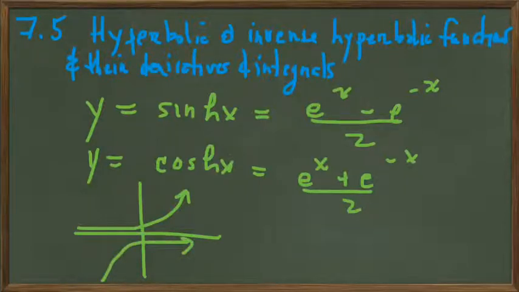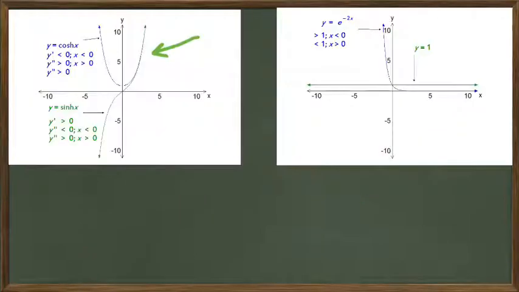And so if you add these two functions together, it should make pretty good sense that you would get this sinh x graph here, and that's contrasted with the cosh x graph. Cosh x is the green and sinh x is the blue.